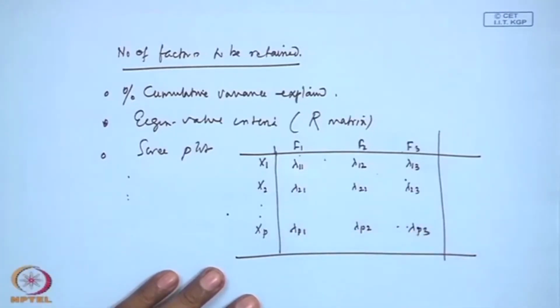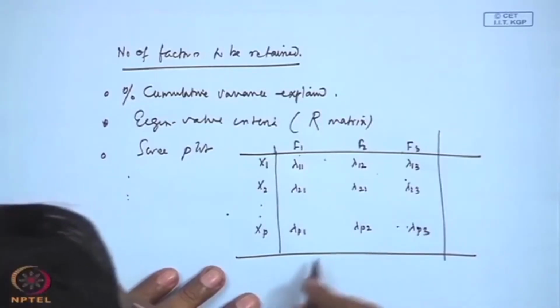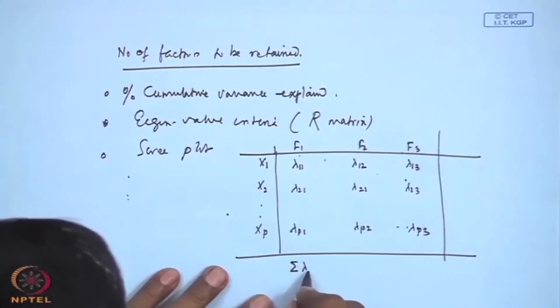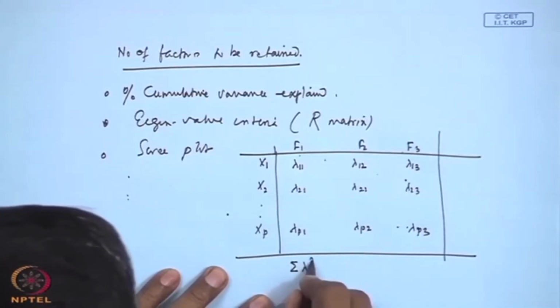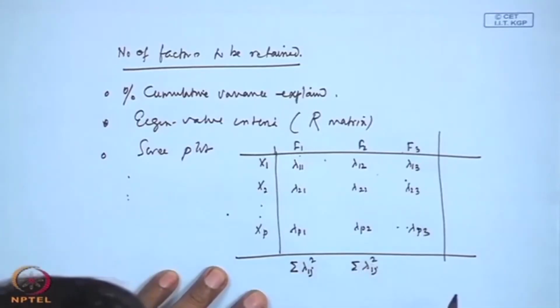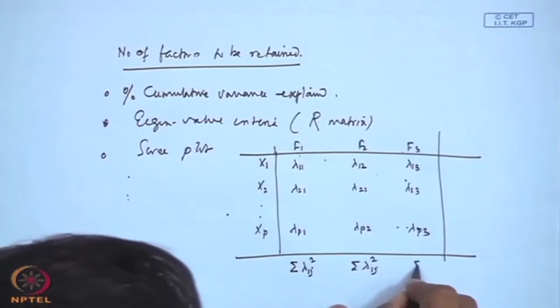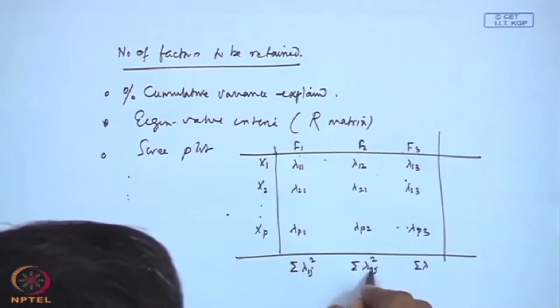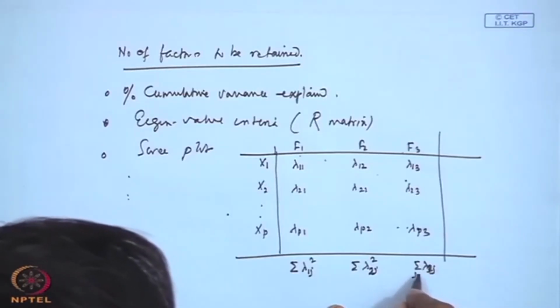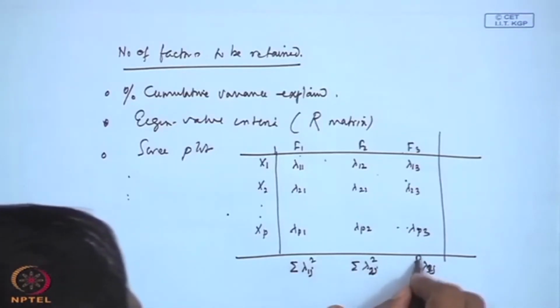Then you know the eigenvalues here: the sum over j equal to 1 to p of the squared loadings of each factor.